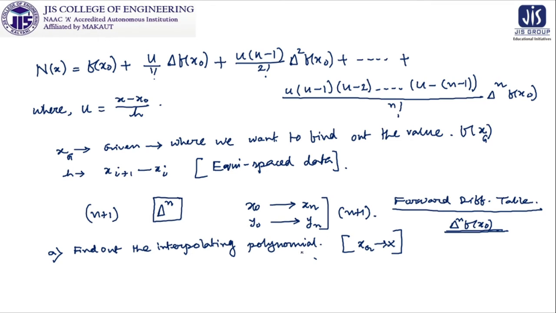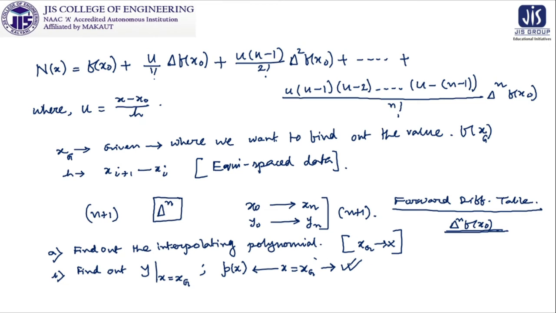So if there are 4 values, we will get a polynomial of degree 3 and so on. And the second pattern is to find out y at x equal to xg. That means here xg is given. So you first find out the interpolating polynomial using the given data set, and then you put x equal to xg over there to get the value.